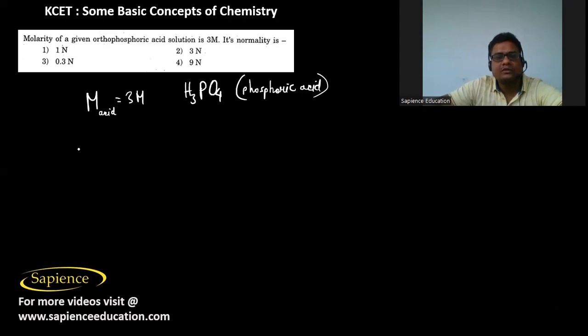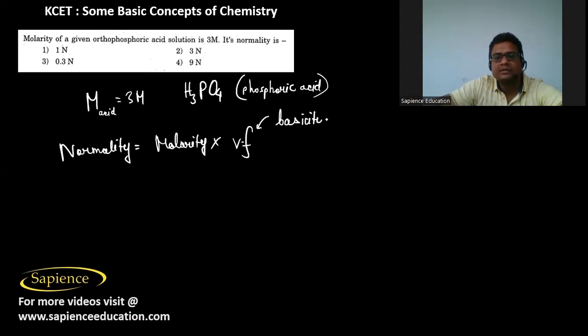So now we know that normality is equal to molarity of the acid times the valency factor of the acid. Now, valency factor of an acid is same as the basicity of the acid, which means how many H plus ions it can give. Now, H3PO4, as we know, it can give 3 H plus ions.